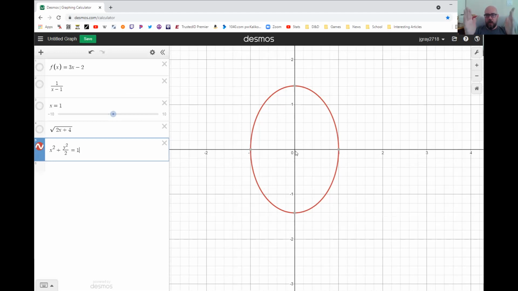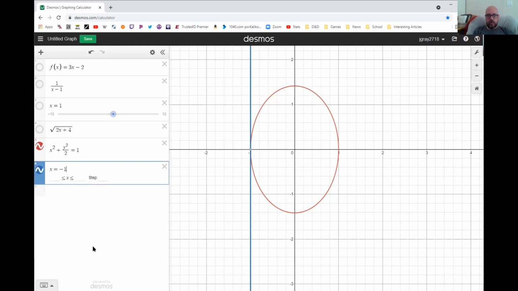So I'm going to think of domain and range as like a box, left and right, top and bottom. Left and right for domain, and top and bottom for range. So left and right, this goes left as far as -1, and it goes right as far as 1.